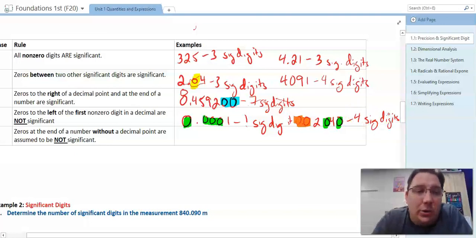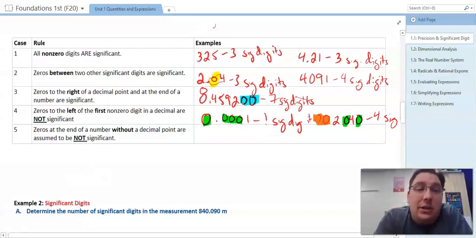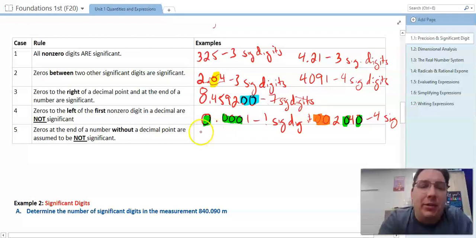Okay? And so we look at case 5, the last case here. Zeros at the end of a number without a decimal point are assumed to be not significant. So we're talking about really large numbers here. Like if we have 4,920,000.